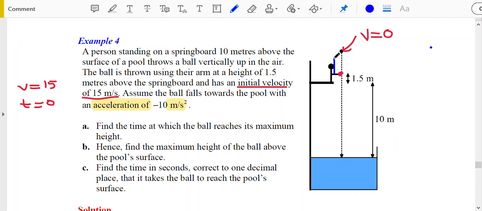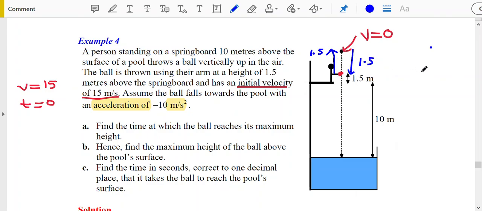So throw the ball up to reach maximum height, that's 1.5 seconds. So I'll put a little arrow that's going up. To come back down to where the ball was thrown from, that also takes 1.5 seconds as well. Same time up and down.